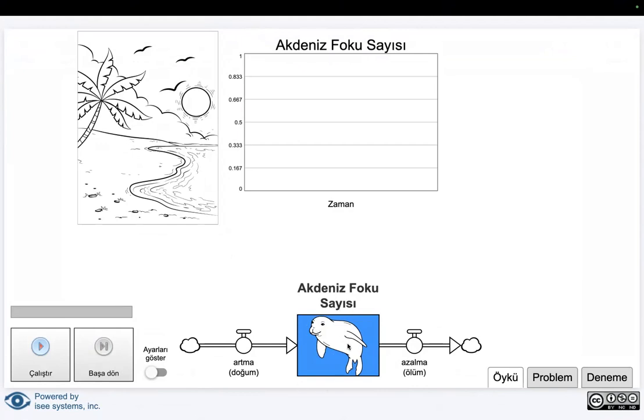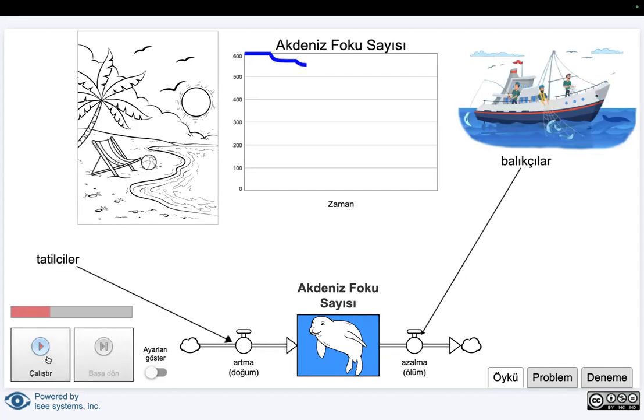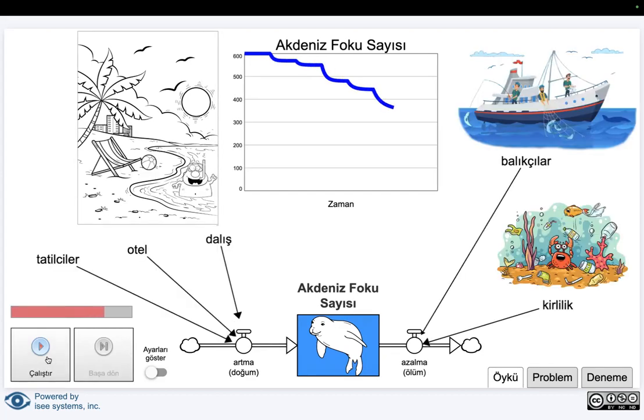This is the stock of seals, and this is births, and this is deaths, the flows. When you run it, while running, there are some events happening, and these are all given in the text that is given to the students. We want them to place which part. This is pollution.